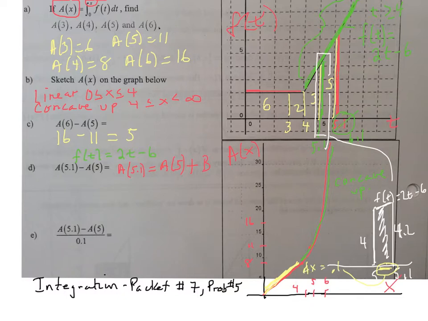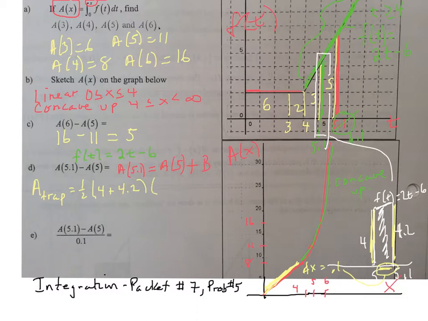So the area of trapezoids is 1/2 the sum of the bases. Now, in our case, the bases are the vertical lines here. Okay, it's kind of a vertical trapezoid. We often see them drawn as horizontal trapezoids. So it's half the sum of the bases, so 4 plus 4.2 times the base.